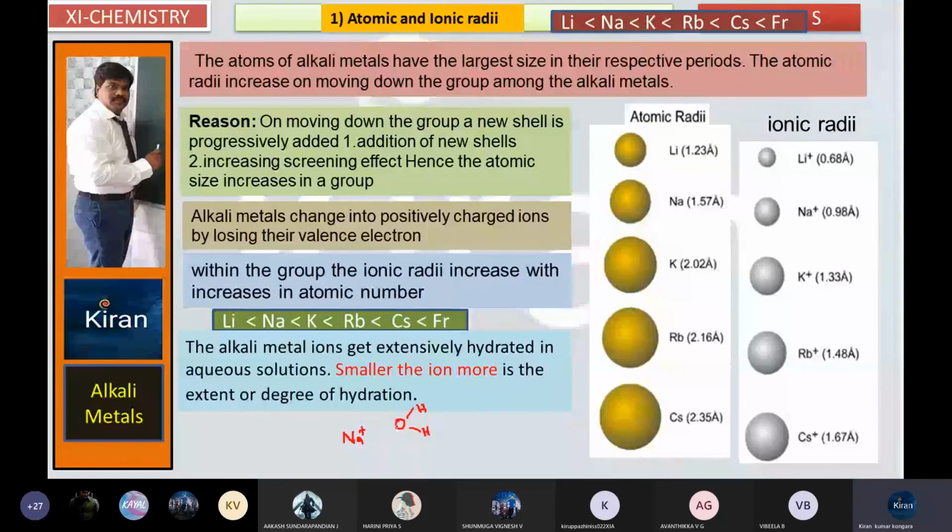This is a water molecule. Oxygen is actually negatively charged. This is partial positive. This is partial positive. This is partial negative. So this partial negative and this positive charge have an attraction force. That is the reason this sodium holds the water molecule.